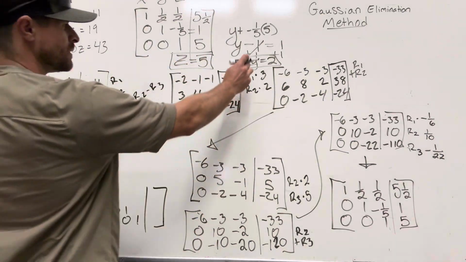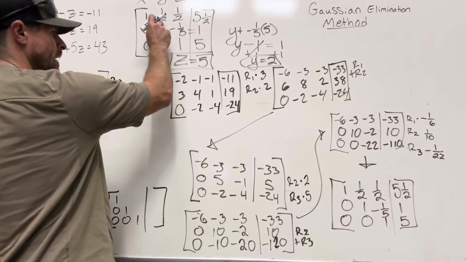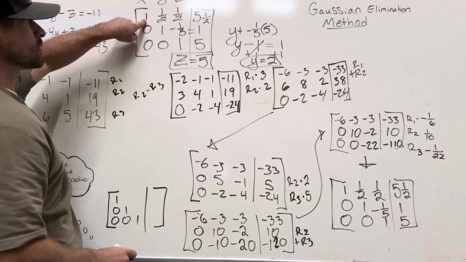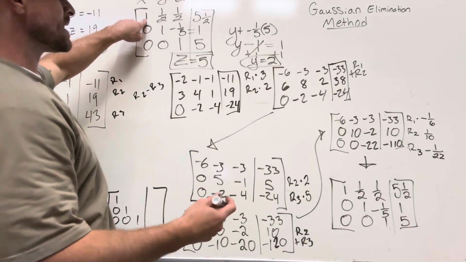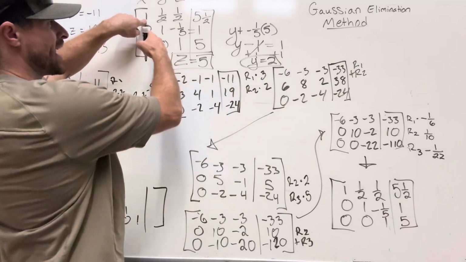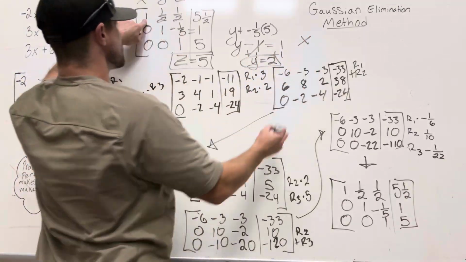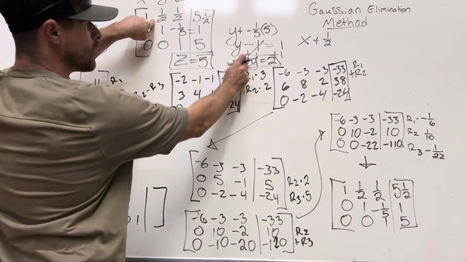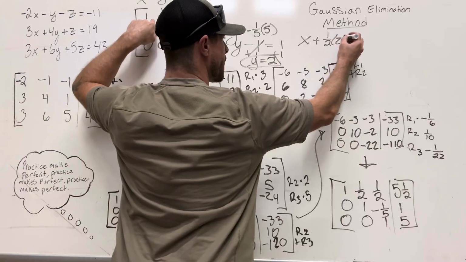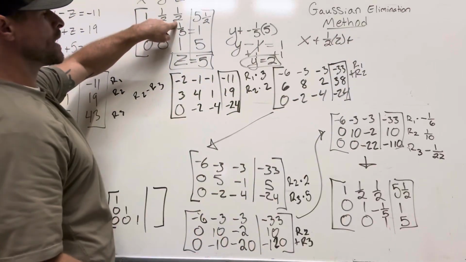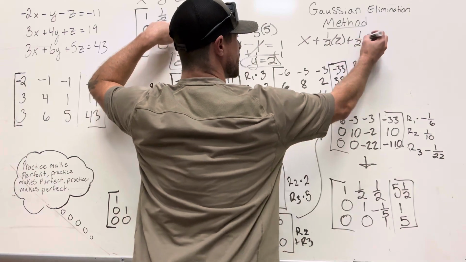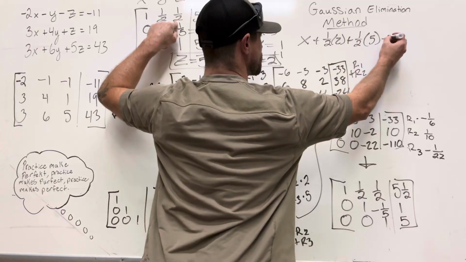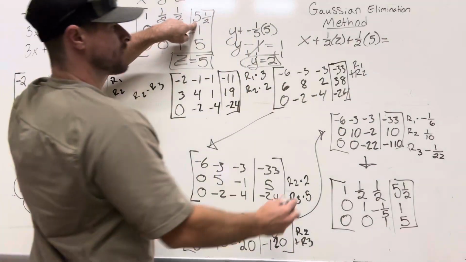And last but not least, we have to put this value in for Y and this value in for Z, multiply them out, and we got 1 here, so it's isolated. All we need is one last step. We take 1, which is X, plus 1/2 times Y, Y is worth 2, plus 1/2 times Z, which is 5, and that's supposed to equal 5.5.